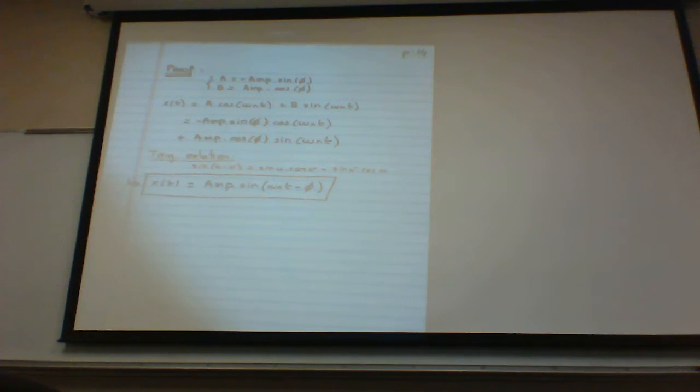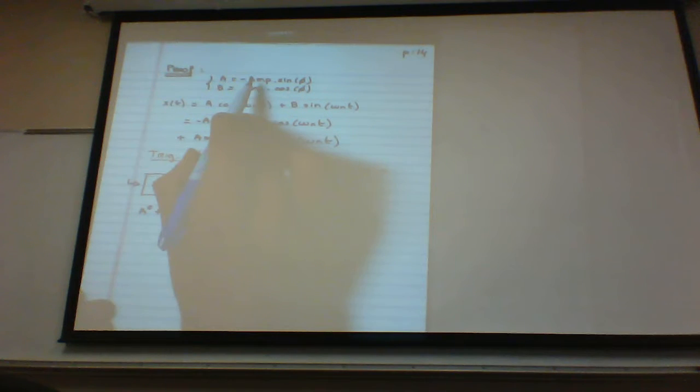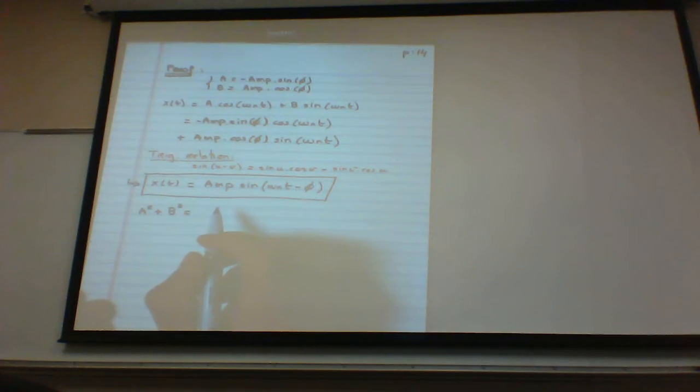Okay, and to finish the proof over here, what should be x squared plus b squared? If we do this substitution over here on top, it should be equal to amplitude squared.